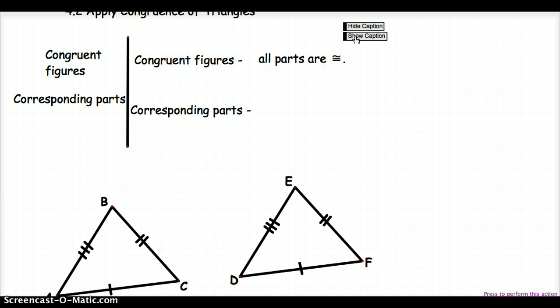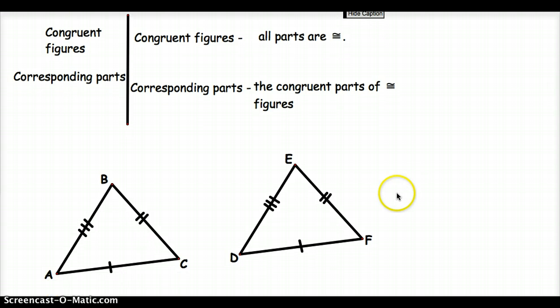Now let's talk about corresponding parts. The corresponding parts are very similar to your corresponding angles that we learned with our parallel lines and our transversals. Corresponding parts are the congruent parts of congruent figures. So basically a corresponding part is a part that's in the same place as the other figure. So here AB is in the same place as DE in our triangle. They are congruent.